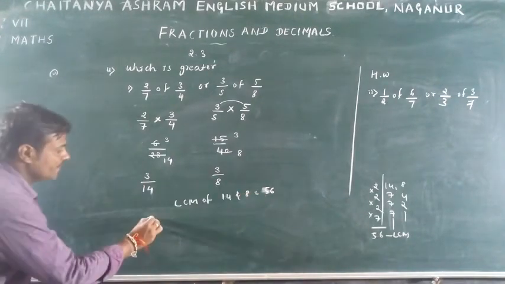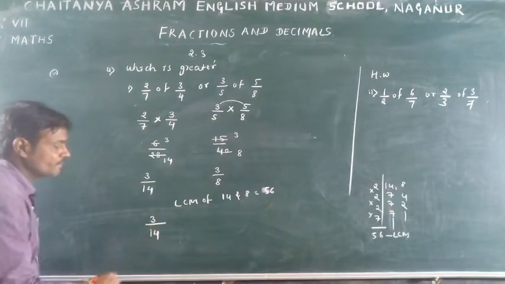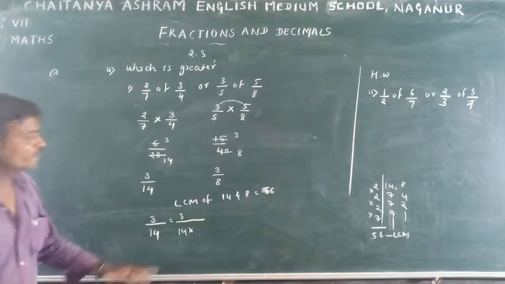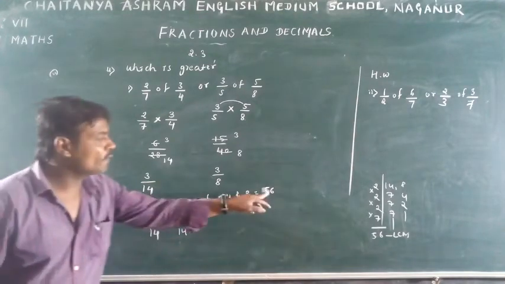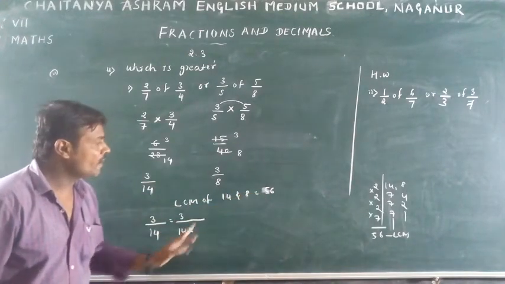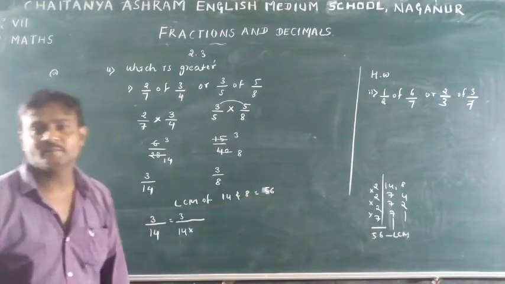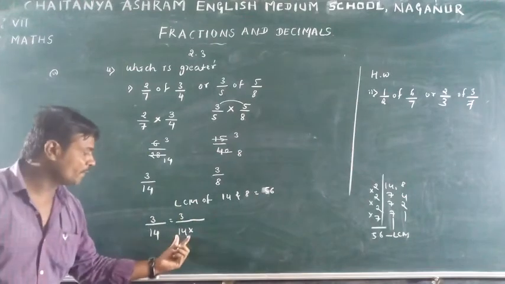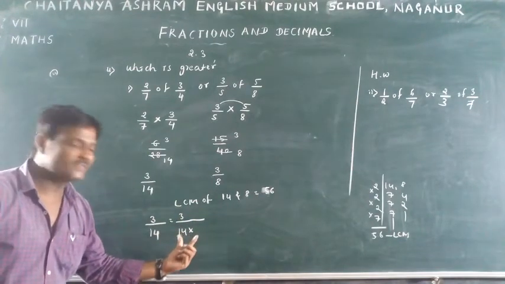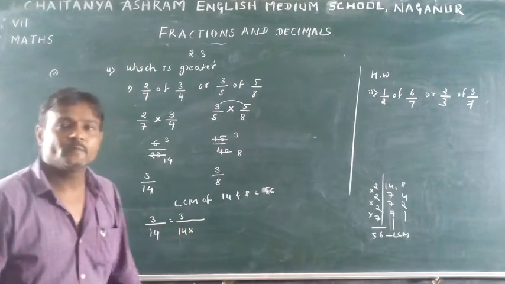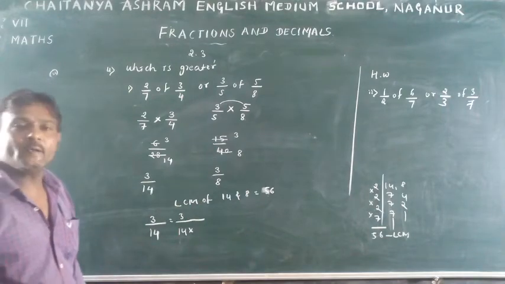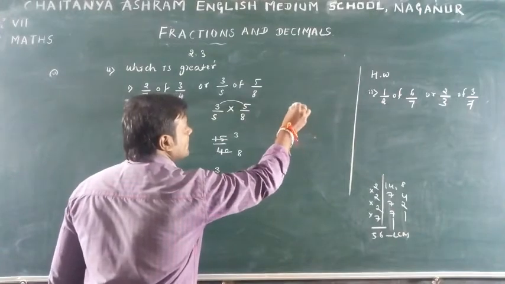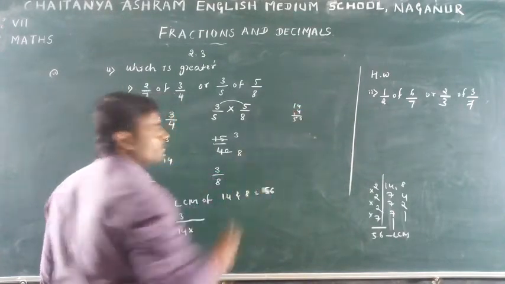Convert the denominator of each fraction into the LCM. Here 3 by 14 is equal to 3 by 14. We convert this denominator into 56. 14 times how much is 56? To get 56, we multiply 14 by a number. What is that number? 14 fours are 56.